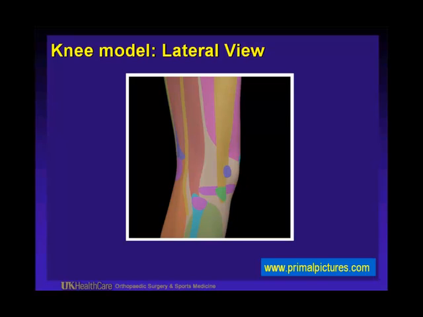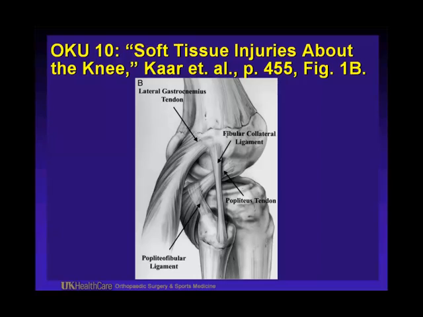Superficially, veins, and then the skin, and where to palpate for problems. So when we look at the lateral side, lateral gastroc, popliteofibular ligament, popliteus tendon, and the fibular collateral ligament.